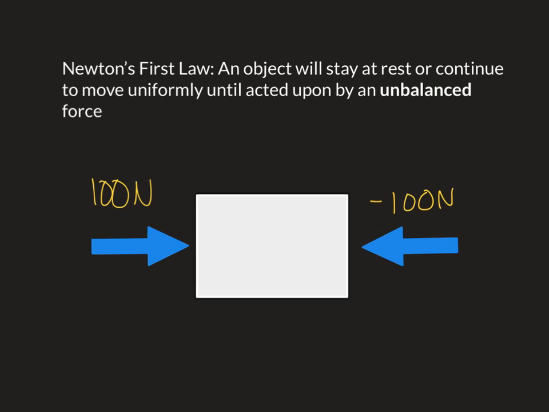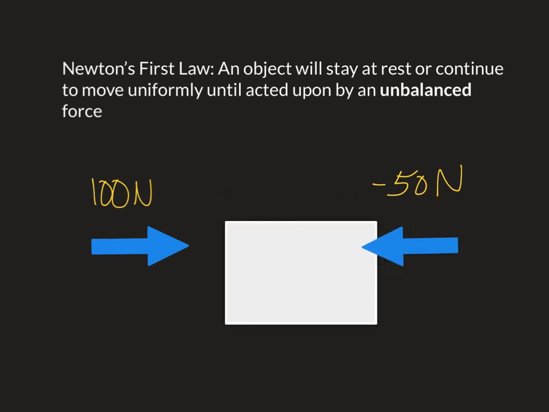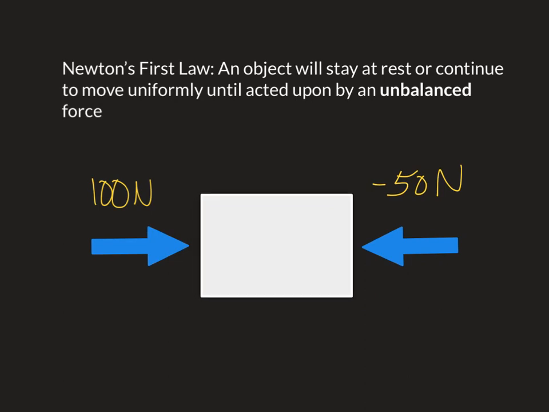But as soon as I change one of those two values, so if I change this one to, let's say, negative 50 newtons, now suddenly this force on the left is going to be stronger than this force, which is going to cause my block to start moving in this direction here. So things move based on the fact that forces acting on them become unbalanced. That causes them to change speed, to slow down or speed up, depending on how the forces have actually changed.